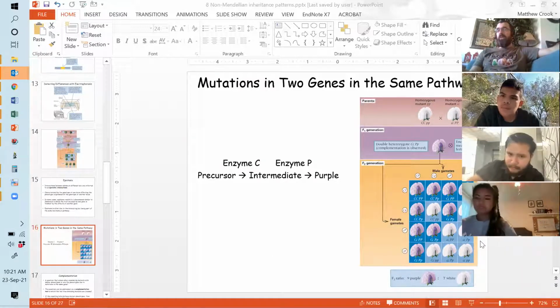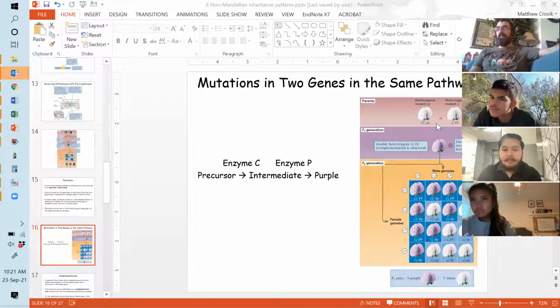Right, so for example, here, actually, remember I was saying I'll never give you an exam question where in a dihybrid we have parents that are homozygous dominant for one and homozygous recessive for the other? Well, here's an example of that.